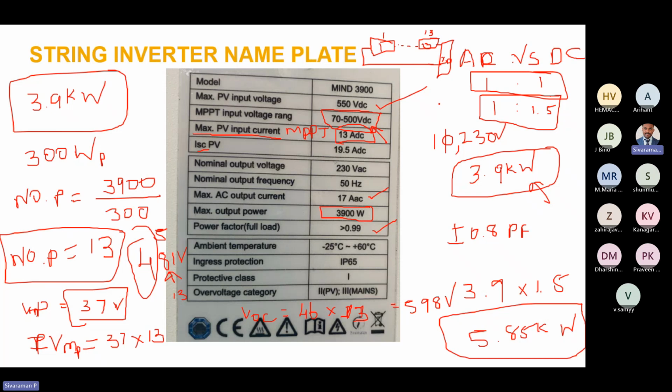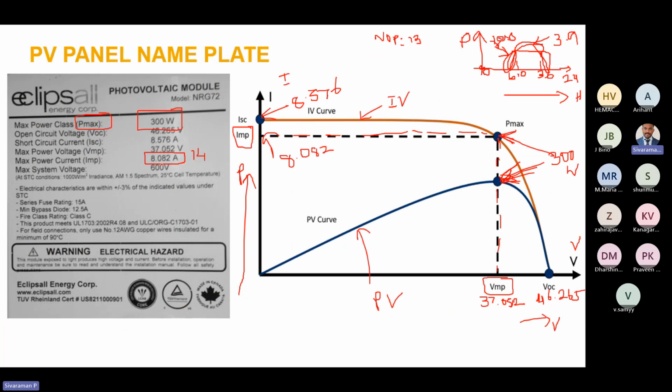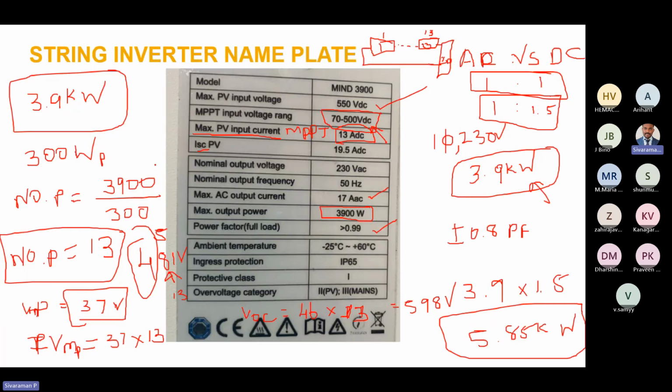The current remains the same, that is 8 ampere only. In this circuit, if we measure the voltage between the last panel and this one, positive versus negative, it will be 481 volt. If you measure the current in this circuit, it will be 8 ampere only.